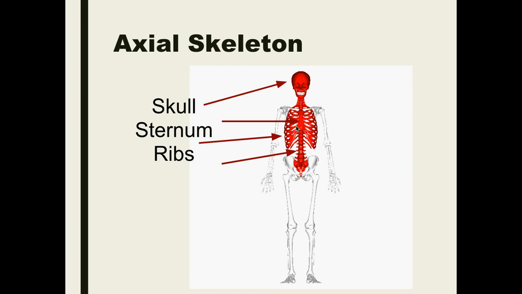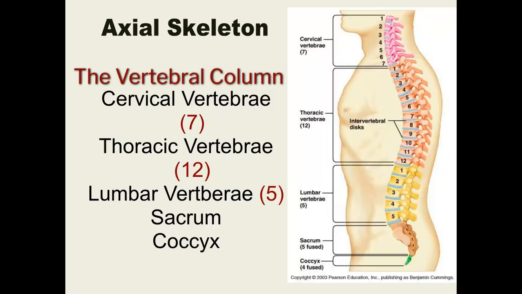And then the big long column that we have there is called our vertebrae. And we're going to break that vertebrae down a little bit farther. So the vertebrae, or the vertebral column, we call it, has five different parts to it. So we've got the cervical, which is our neck region.